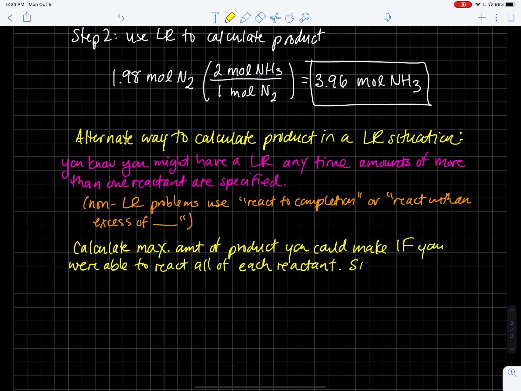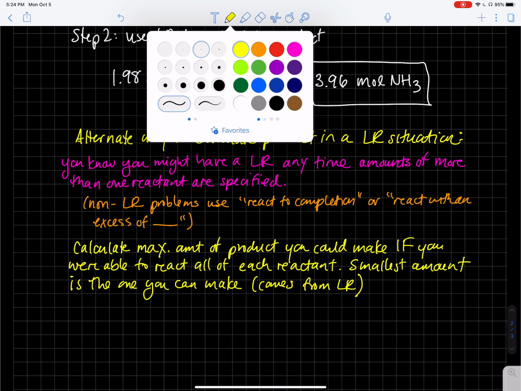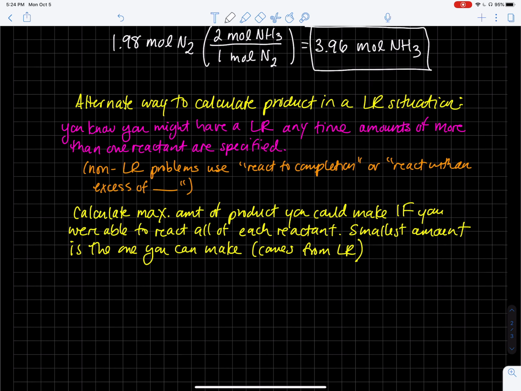And then the smallest amount is the one you can make, because that comes from the limiting reagent. This can be a shortcut if all you're asked is how much product you make. This sometimes can be a quicker way. I don't usually do it this way for reasons we'll go into next week.